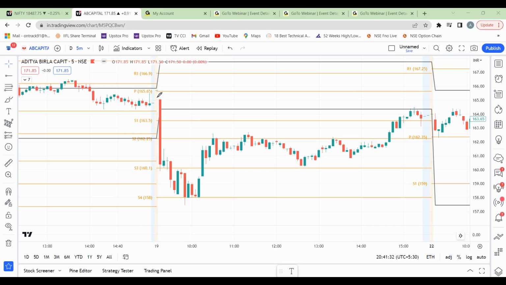See, whenever you see this stock opening from pivots, you get a strong red candle. We call it a gorilla candle. See the strength. Okay, this strong red candle. This is a gorilla candle.